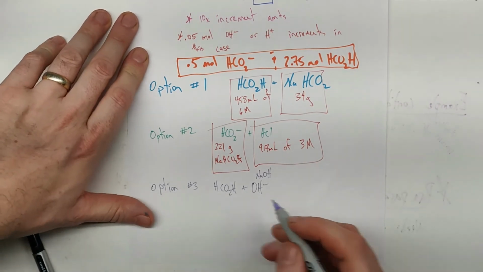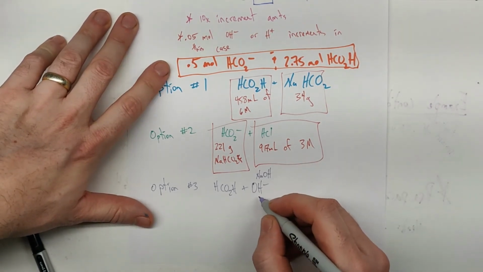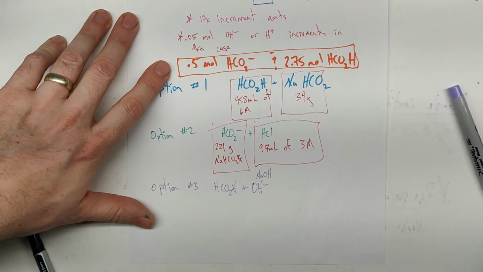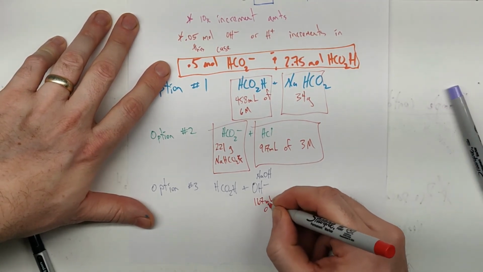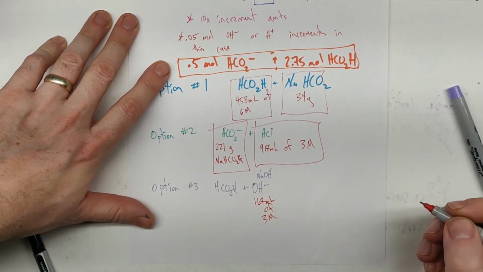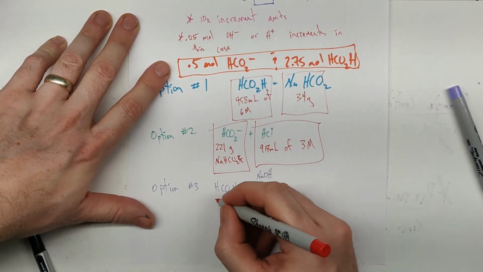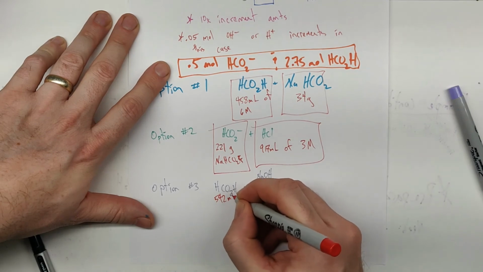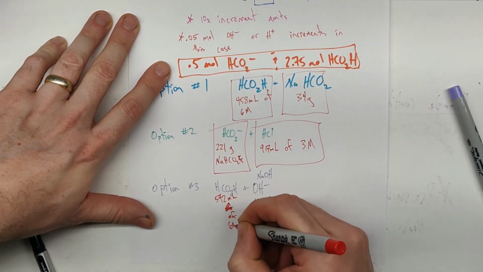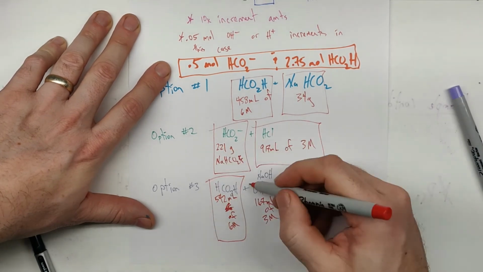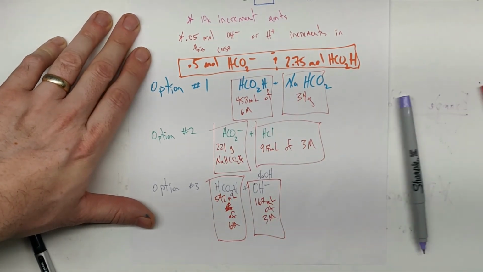And in this case, we were using 3 molar sodium hydroxide, and we ended up needing 167 milliliters of 3 molar NaOH, and then 542 milliliters of 6 molar HCO2H. And again, you can mix those in any amount you want.